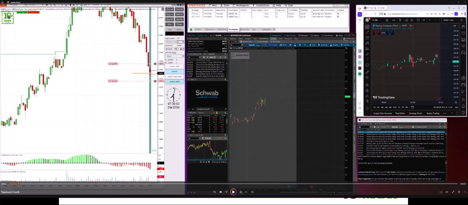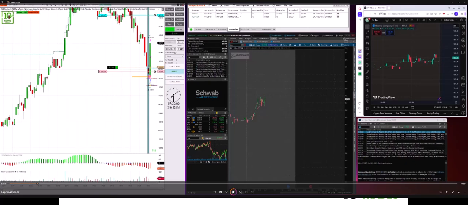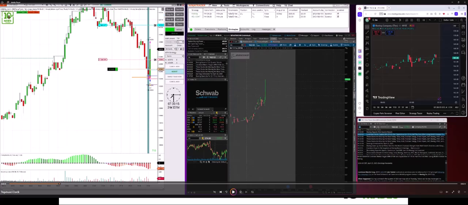How in heaven's name Boeing can ever trade positively is beyond me. It's a company that's not profitable at the moment in terms of quarter after quarter. It's not like they're losing money all the time, but as of late, they have not had good earnings trades. They've had a lot of problems with crashing jets, with getting caught lying to the government.